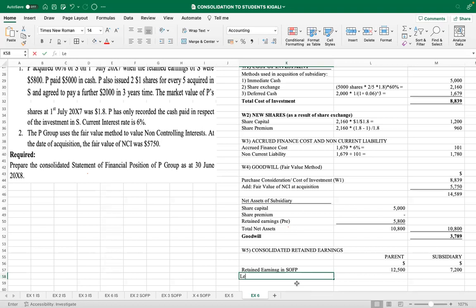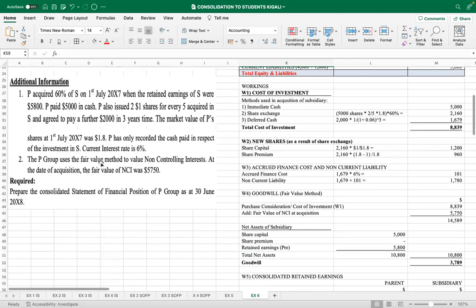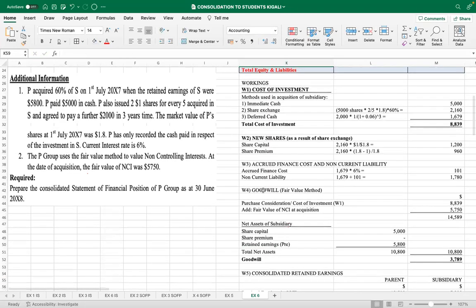We didn't have any in this case. So because we did not have any adjustments that affect subsidiary, we come and less pre-acquisition retained earnings, which we have already used before. Pre-acquisition retained earnings, we were given in the question as 5,800.